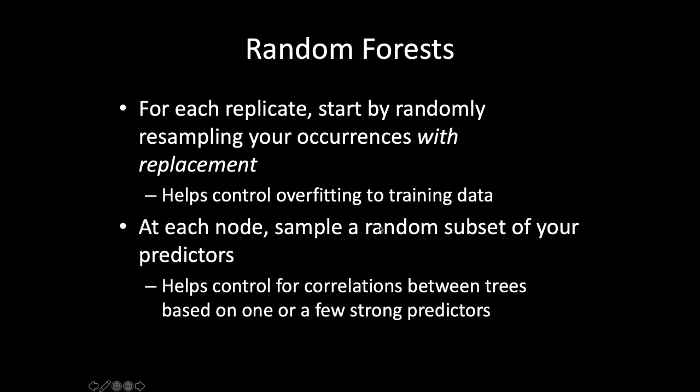And then on each node, you're going to sample a random subset of your predictors. This helps to control for correlations between trees based on having just a few strong predictors. So again, if you have one predictor that's really good at separating a particular subset of the data, by randomly subsetting predictors at each node, you're going to leave that particular predictor out some amount of the time, which will help the fit of your tree to your data be less sensitive to those kinds of outliers.